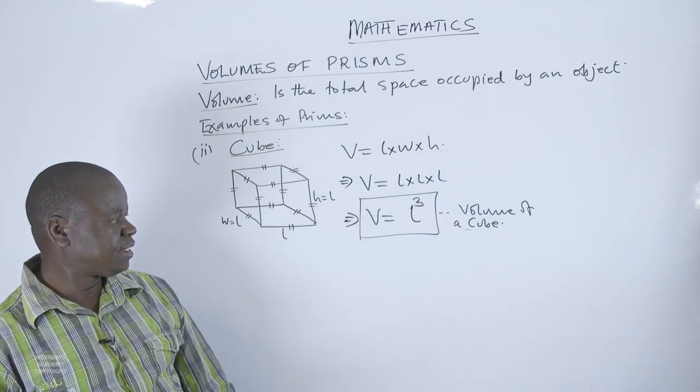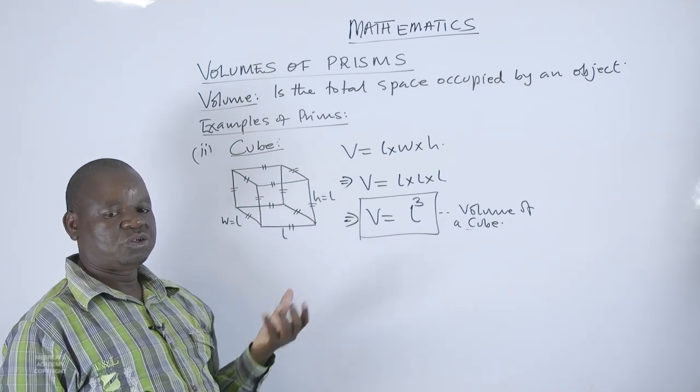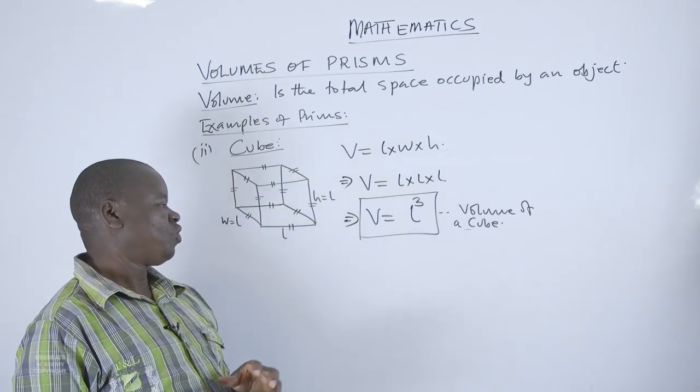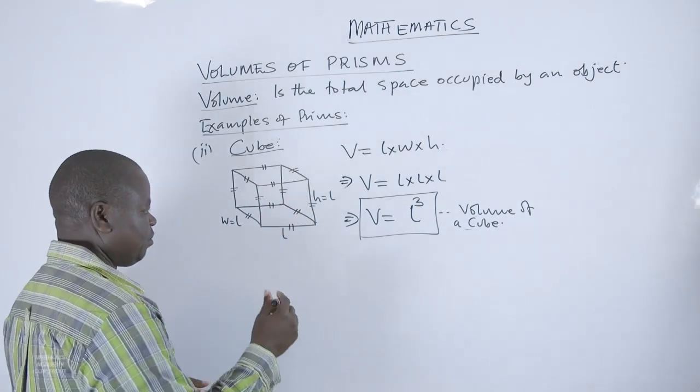Volume of a cube is length cubed. So if we know one side of a cube, then we can easily calculate its volume. Let's look at an example.